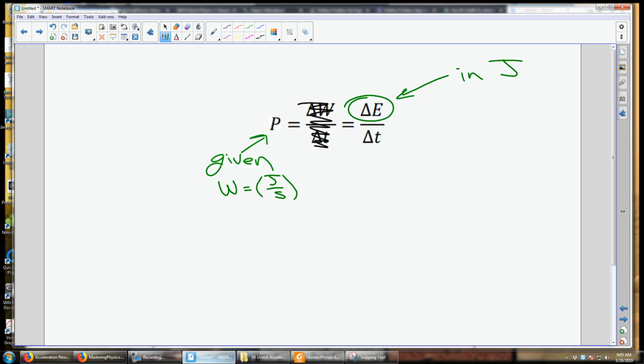So after all this, I'm going to find my delta time, and it's going to be in seconds, and then make it into minutes. How many seconds in a minute? 60. Yep, that's all there is to this one.